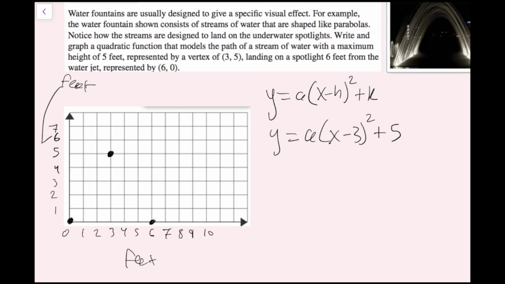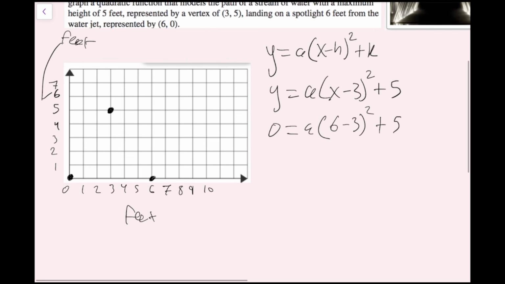All right, well, I also have a point on this parabola. So what I can do is plug this in for my x and y and then simplify to solve for a. So I'm going to plug in 6 for x and 0 for y. So I get 0 equals a times 6 minus 3 squared plus 5. All right, and now I'm going to simplify this. So I get 3 squared plus 5, and then the a is being multiplied by the 3 squared.